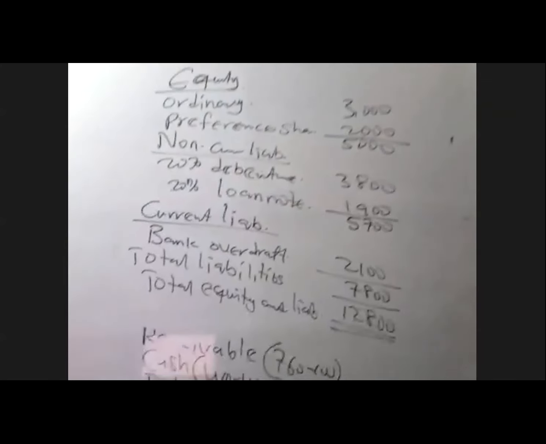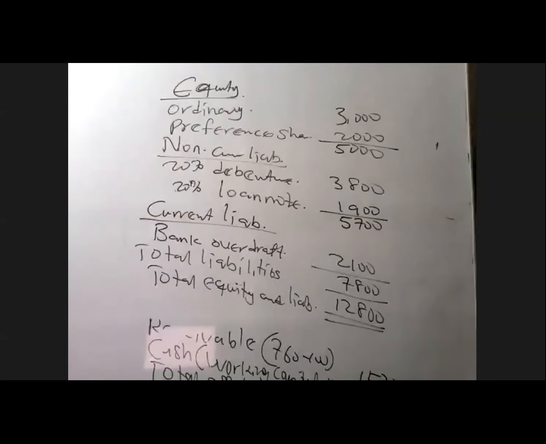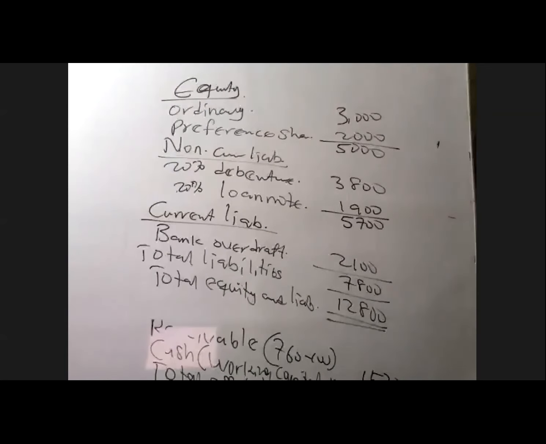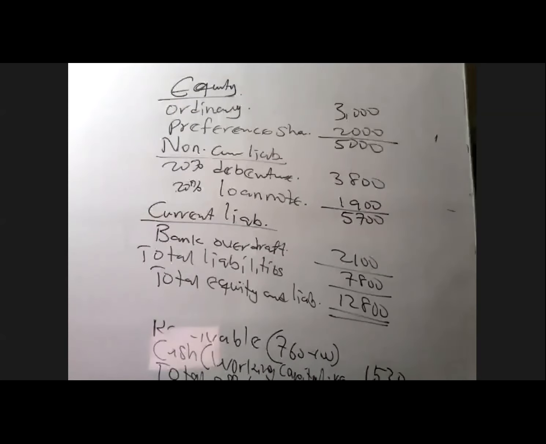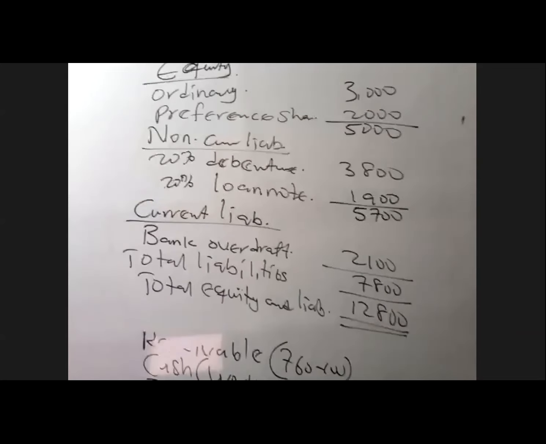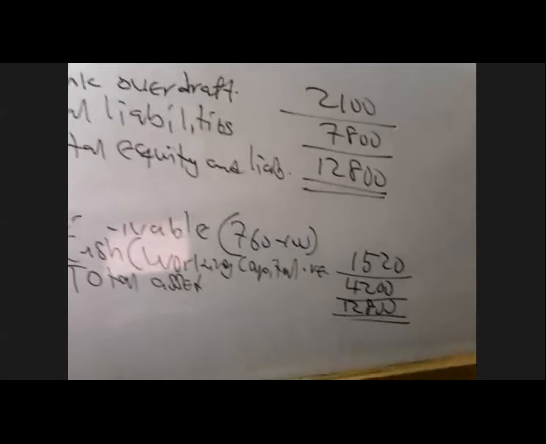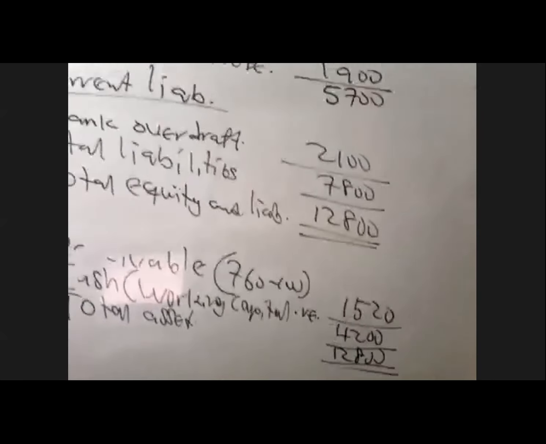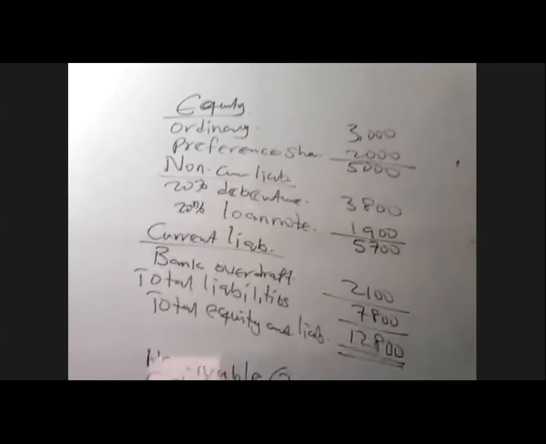Okay, so this is the top side. Equity, ordinary share 3,000, preference share 2,000, non-current liability 20% debenture, loan note converted. So that's it, which is total equity of 12,500. And this must be the same as the total asset of 12,800. Good. We are done.